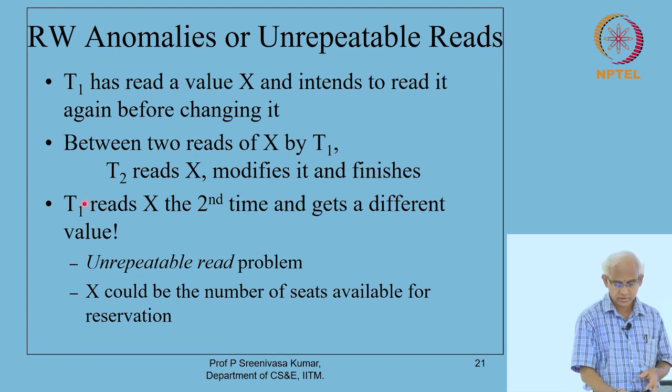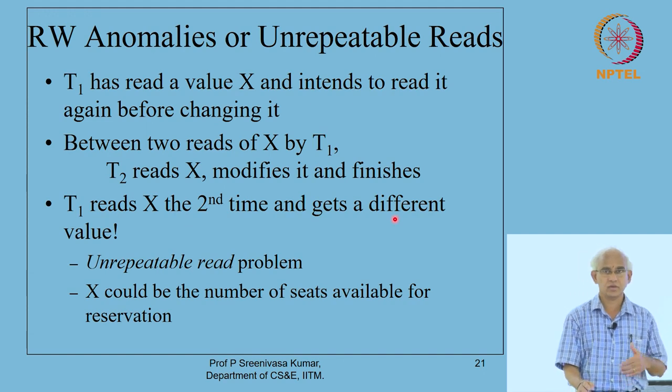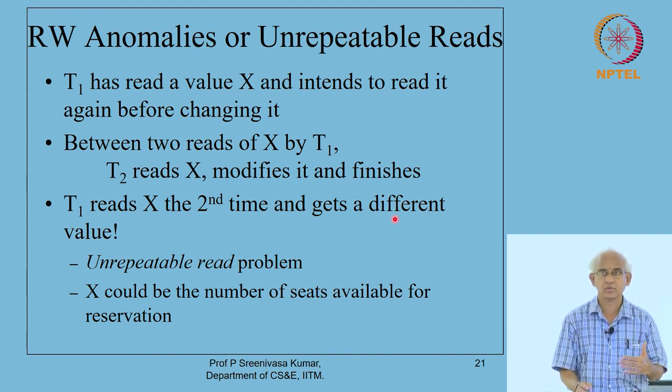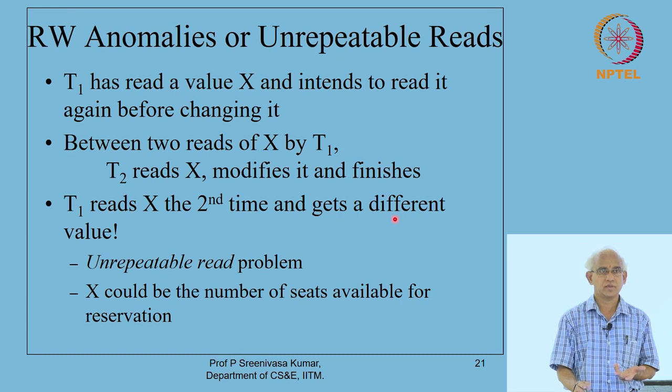So when T1 reads the value of X the second time, it gets a different value. So the read that you have done is not a repeatable read. That means you get two different values when you read the same thing without updating it. That means somebody else has interfered in your work, basically, right?